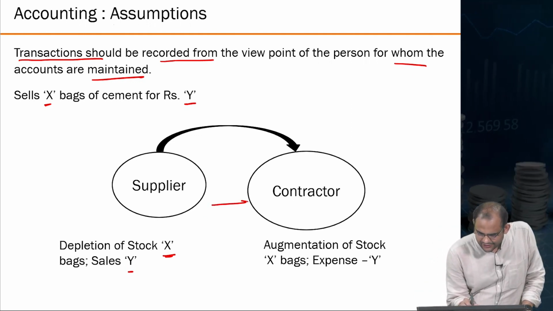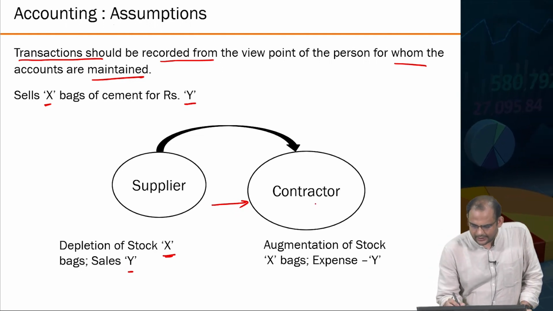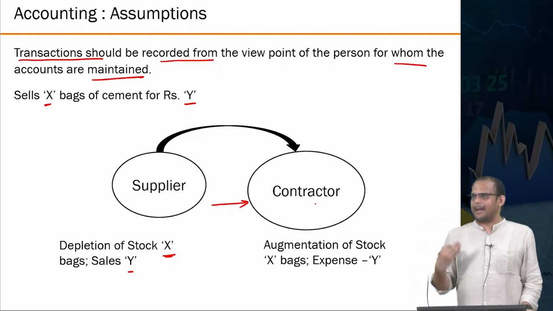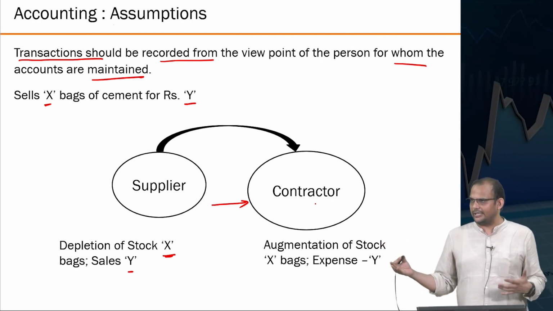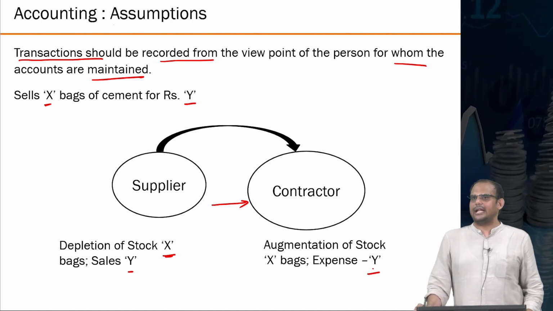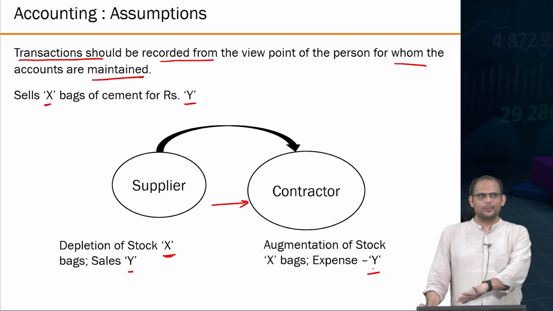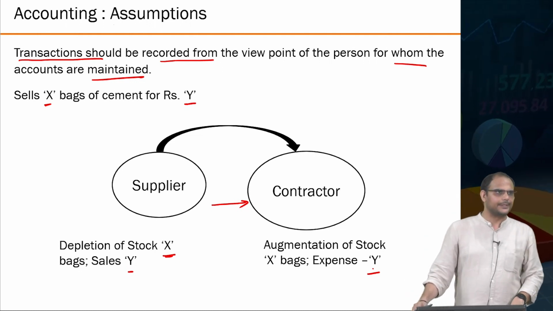The same transaction on the contractor side would look slightly different. The contractor now has X bags of cement in the inventory, which is a form of an asset, right? But they have Y cost or Y expenses in order to acquire these X bags, right?